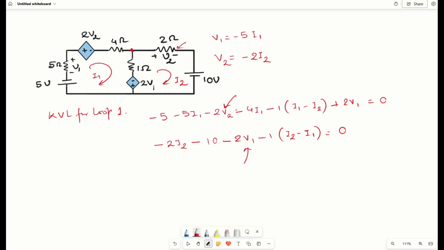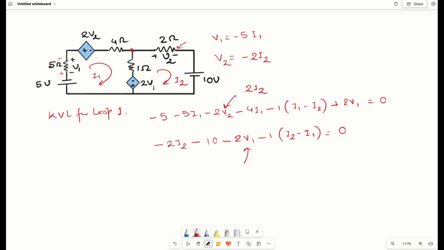So across your V2 it will be 2 times of I2. Let us first see the direction. As you can see here, as per our normal directions this should be plus minus, but the direction of your V1 is given opposite.